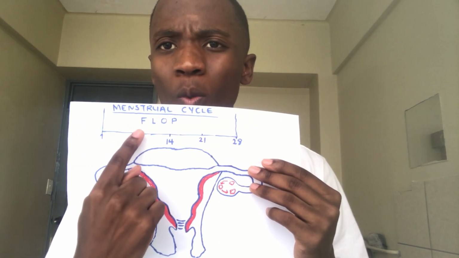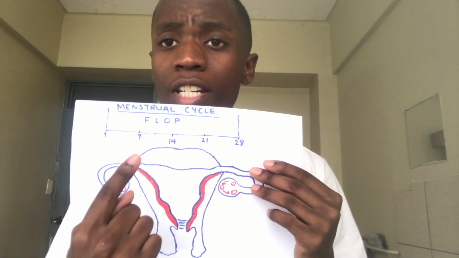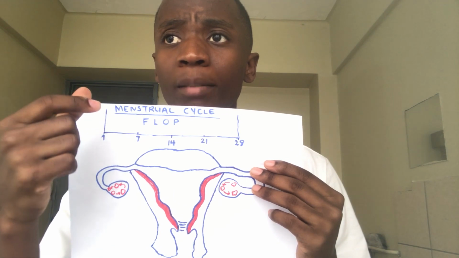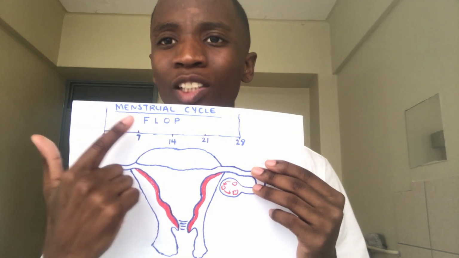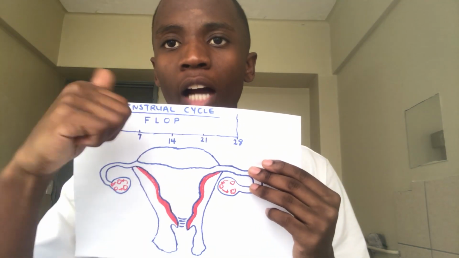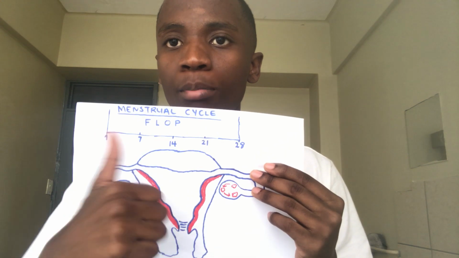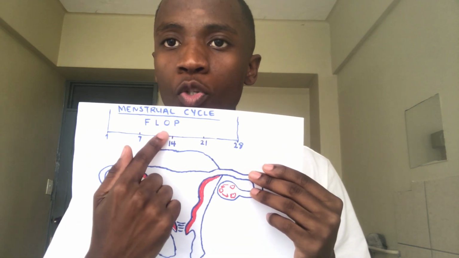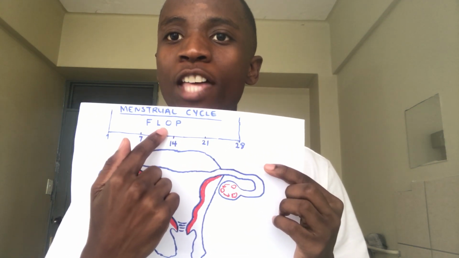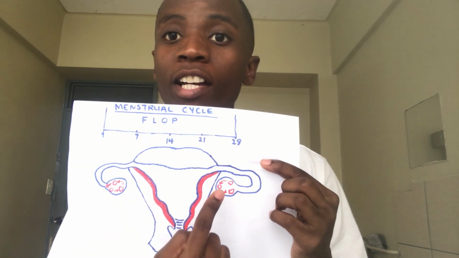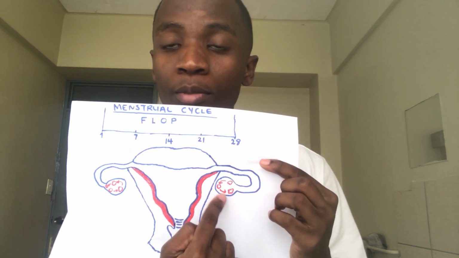Where does FSH come from? FSH, the follicle stimulating hormone, comes from the hypophysis, specifically the pituitary gland. The luteinizing hormone also comes from the hypophysis in the pituitary gland. The estrogen as well as the progesterone come from the ovary.